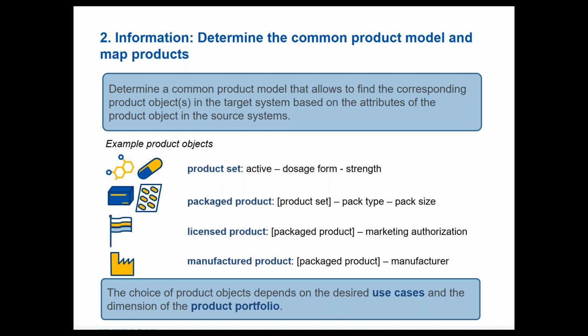Once you have found a suitable product object that supports your now and future use cases and your current and future portfolio, you can start mapping the product objects in the two systems. It might seem that at that point you are ready to go. But we have to remember that there is a factor we have to take into account, and that is time.